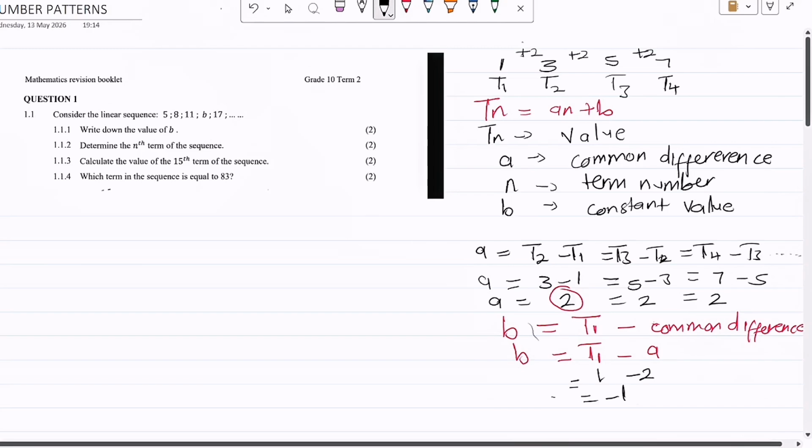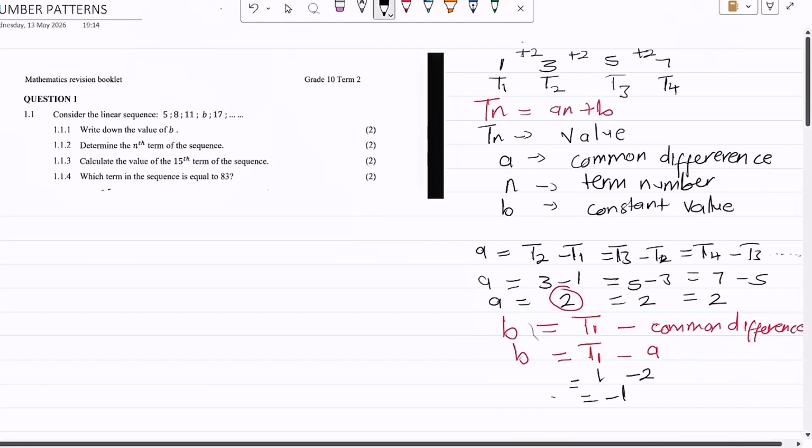For us to have 8, we added a 3, plus 3. For us to have 11, we added a 3 as well. For us to have b, we add a 3 to 11, and you find that b is 14. b is equal to 14.